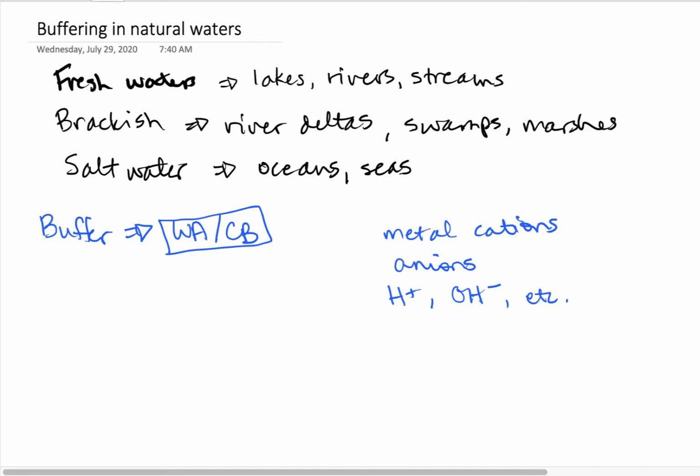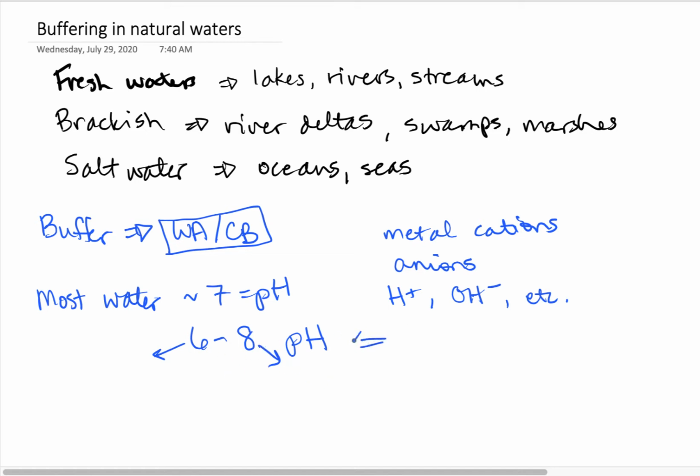The other thing that we have in natural waters is this: most water is going to be somewhere near 7 in pH. So we can't have any old random buffer. We're going to have stuff that really is probably more in the 6 to 8 pH range, with a few that are going a little down and a few that are going to be a little bit higher in pH. But our pH range is fairly restricted, so the available systems that can buffer in this range are relatively limited.